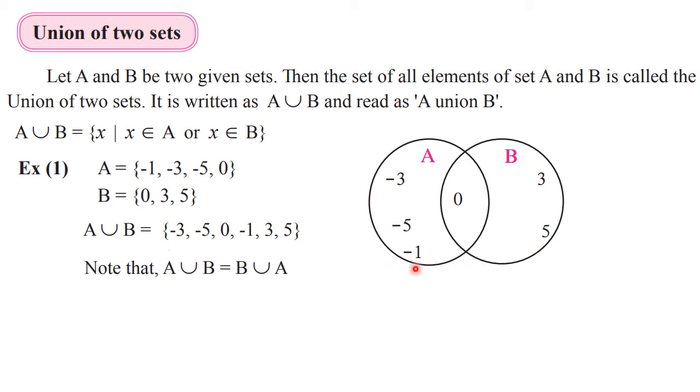This complete diagram, this complete area gives us A union B, and this intersecting part gives us A intersection B. So in the same diagram it is possible to represent both intersection and union. This part is the intersection, and the complete figure gives us the union.